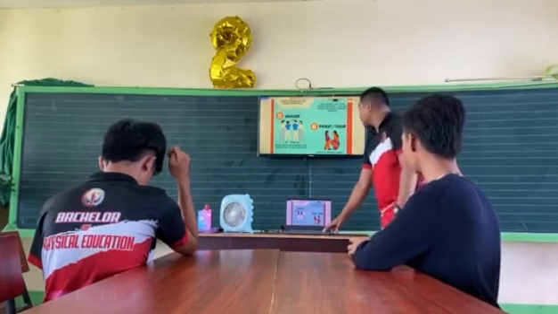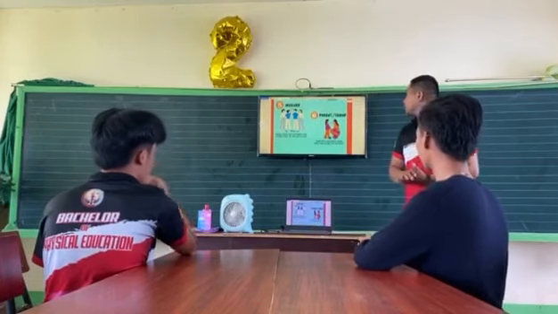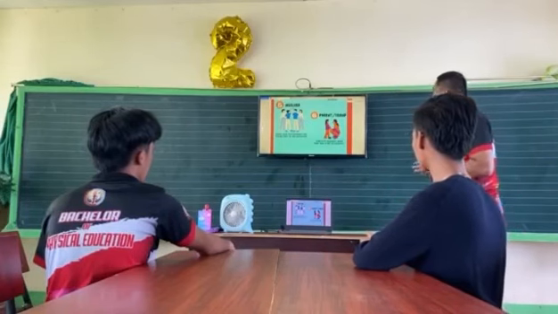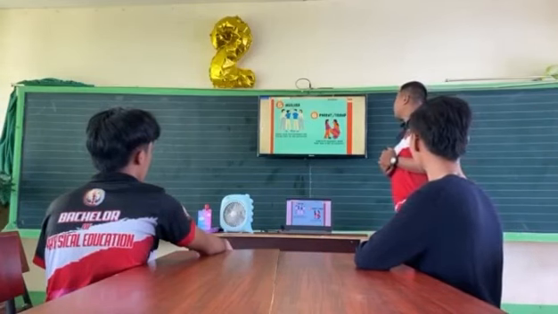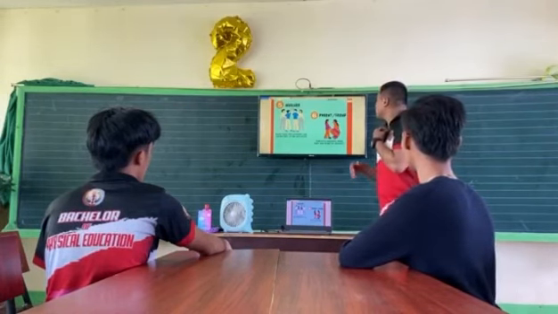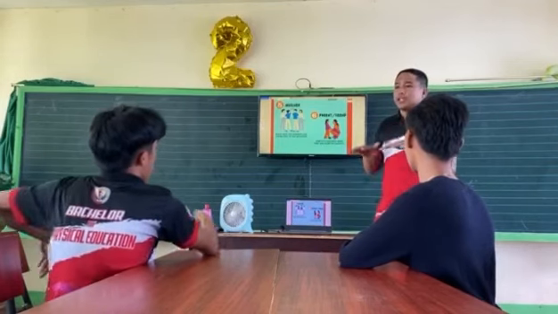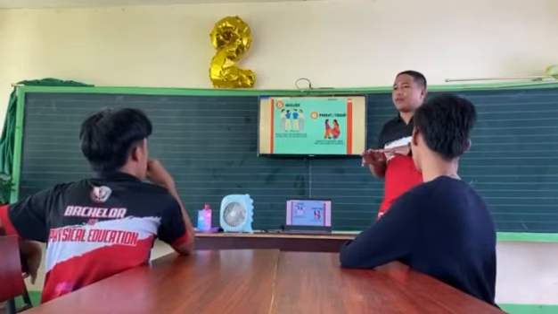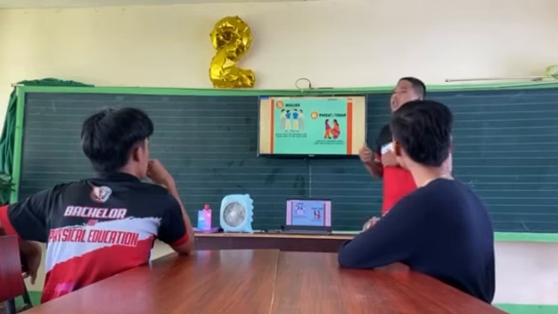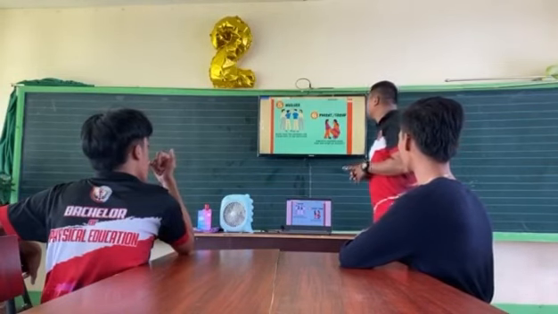So the next one is number 6: parents or friends comfort learners when they are upset or unhappy. As you observe, inside the classroom some students are introvert. So we need to check on them always, as teachers.